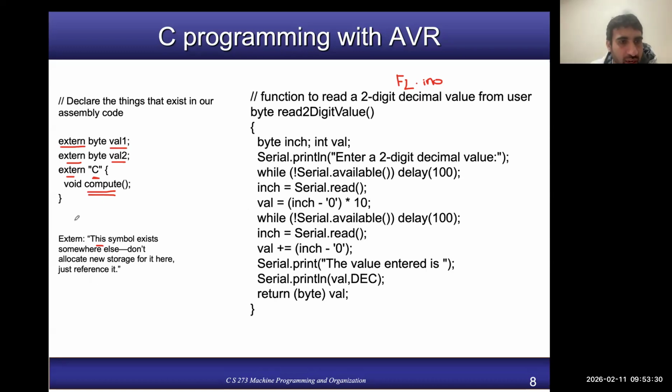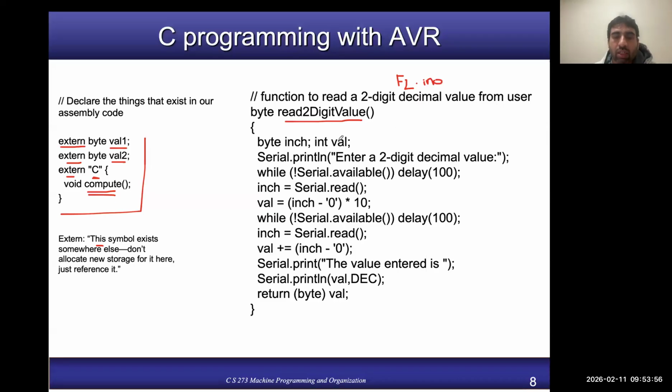For writing this code, we are going to write a function in our .ino file. What is the function? Read two digit values. This function will read a two-digit decimal value from the user. I guess when you use it in future labs, you will understand it more clearly.